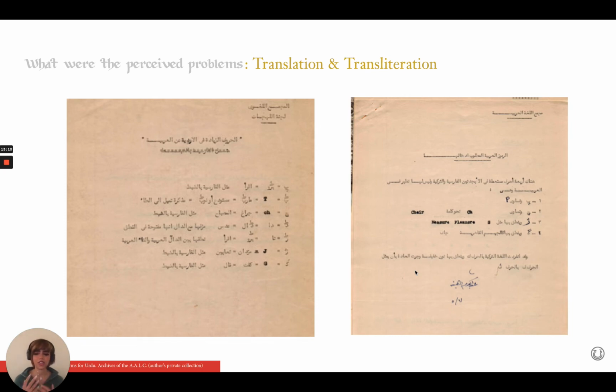The academy started due to a governmental instruction to produce more educational books, and they started having problems writing geographical names: how to write them, what if they're missing sounds, how we can translate them. This kind of heated discussion occurred between the members of the academy at that time.